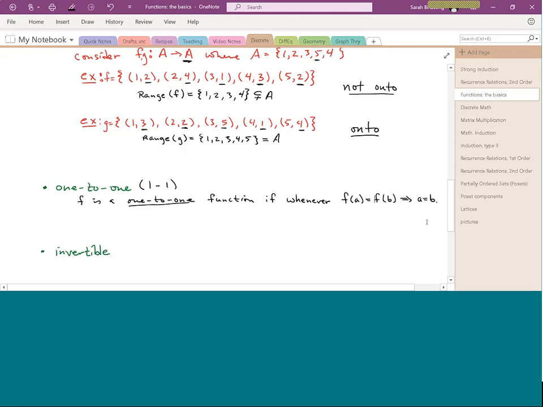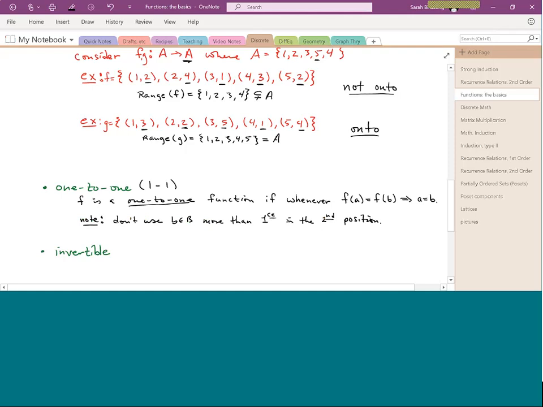So in terms of ordered pairs, note this means don't use some element of your building set B more than once in the second position of your ordered pairs.